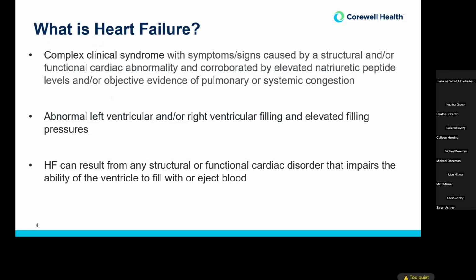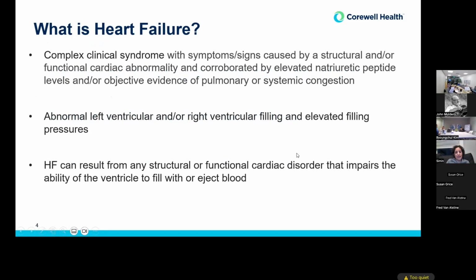So just to start, we all know what heart failure is. It's a syndrome, a cluster of signs and symptoms that's caused by abnormal cardiac function. And we typically will see the elevated BNP and evidence of both pulmonary and systemic congestion.